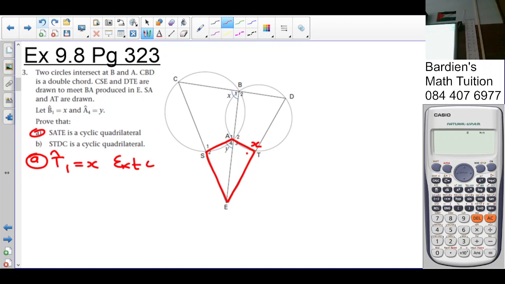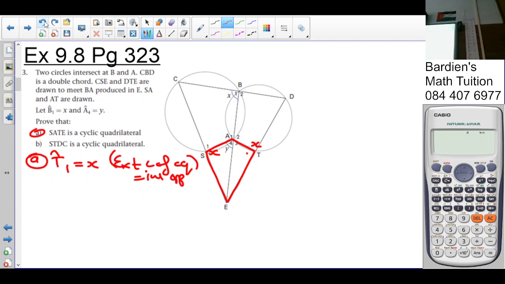Exterior angle of cyclic quad equals the interior opposite angle. Alright. People, but S is also X. Exterior angle of cyclic quad equals the interior opposite. Is that what you want to say? For this angle here and this angle here? No, not for that one. That's not what you're saying, okay?